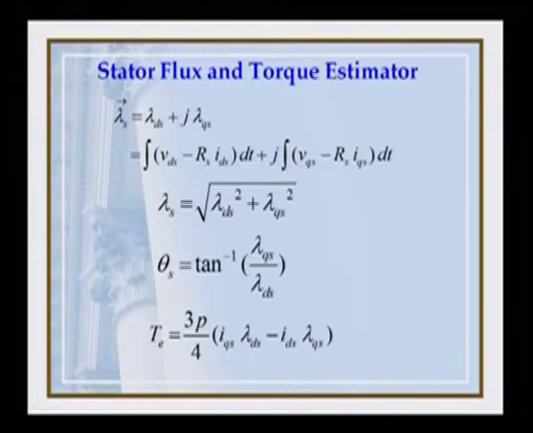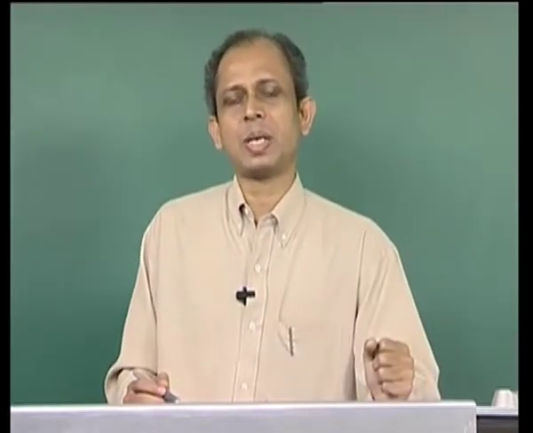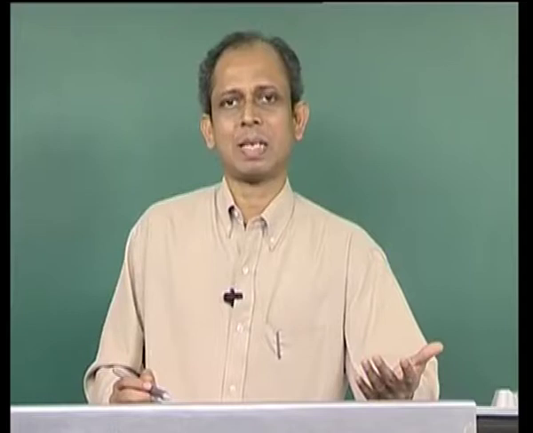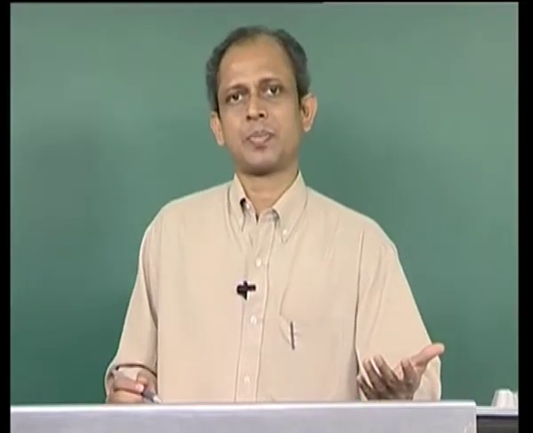In fact, what we are doing here, we are measuring not VDS, VQS, we are measuring VA, VB and VC. Now when we are measuring VA, VB and VC, we can transform them into dq by a mere stationary transformation, because this lambda ds and lambda qs are the flux linkages in the d and q axis in the stationary reference frame.